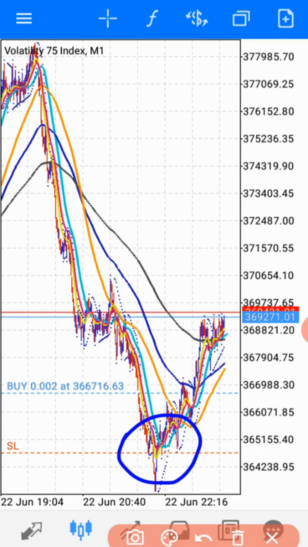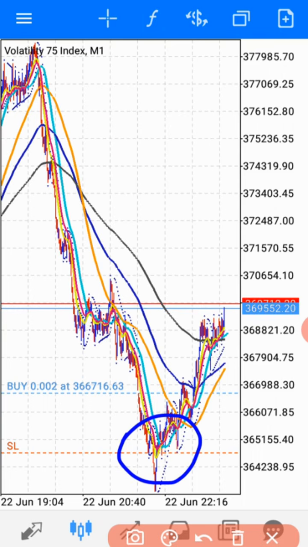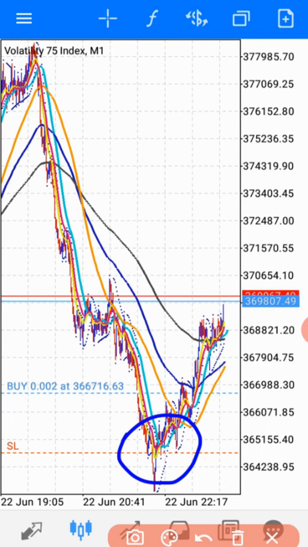Anytime you see the pink and the yellow moving averages cross over the blue moving average, get ready to take a trade. I did not say take a trade, I said get ready to take a trade. Whenever you see them facing opposite directions, crossing the light blue, get ready. That is checklist 1.